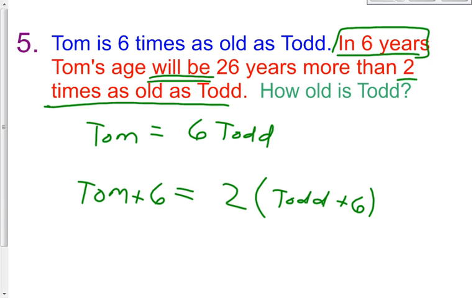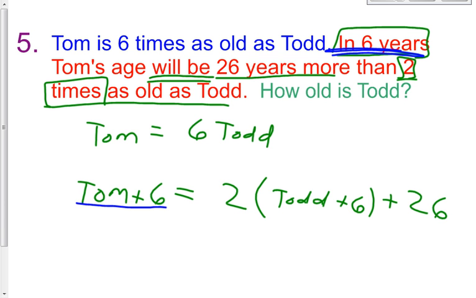2 multiplied by that, here's this 2 times Todd's age, and then we also have this 26 more than. So let's go over this again. In 6 years, that means Tom and Todd are both 6 years older. That's how we got the Tom plus 6 and the Todd plus 6.